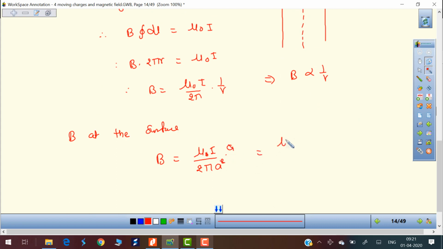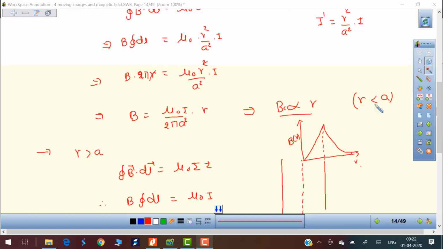So what you get is mu 0 I upon 2 pi A. And if you use the second equation, then mu 0 I upon 2 pi, 1 upon R is 1 upon A. So whether you use the first equation or the second, the magnetic field calculated on the surface is the same: mu 0 I upon 2 pi A. This is true when R is greater than or equal to A, and this is true when R is less than or equal to A.